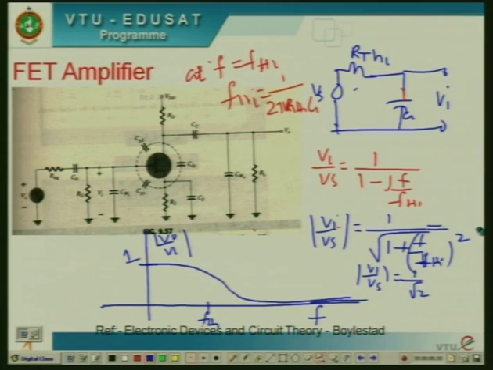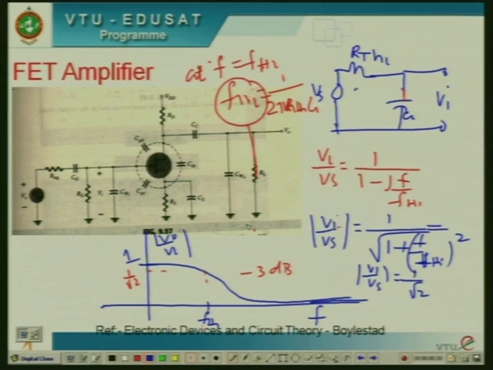The gain of the amplifier at this frequency is 1 by root 2 times the mid-band gain. Therefore, this is the half-power cutoff frequency. If you take 20 log of 1 by root 2, this value is equal to minus 3 dB. Hence, fHI is defined as the minus 3 dB upper cutoff frequency of the FET amplifier.